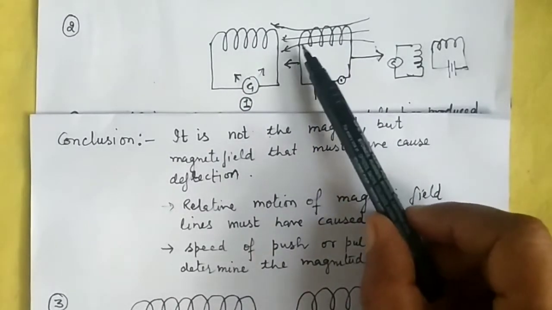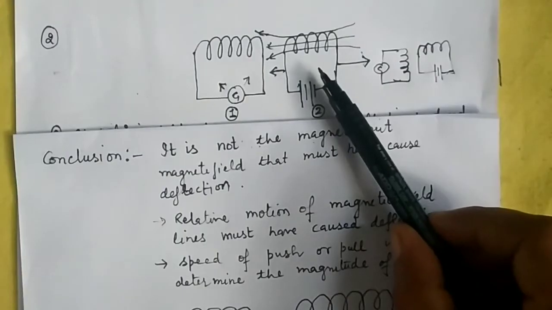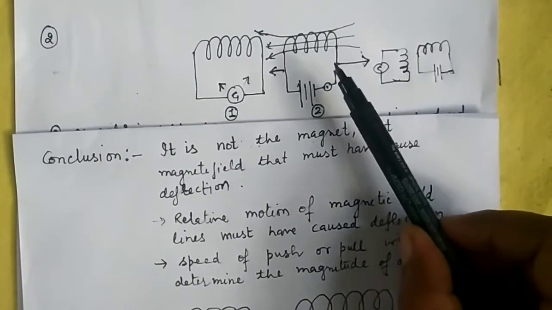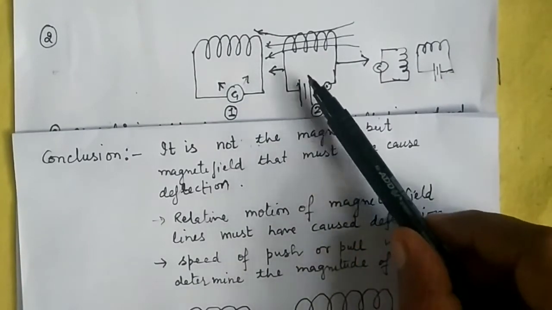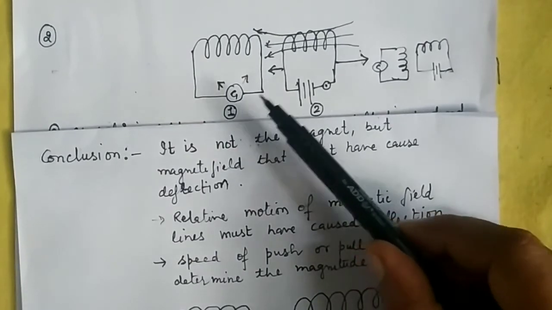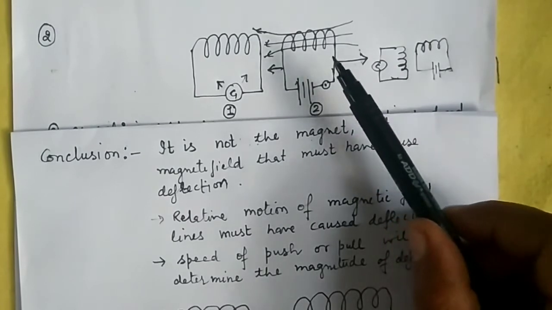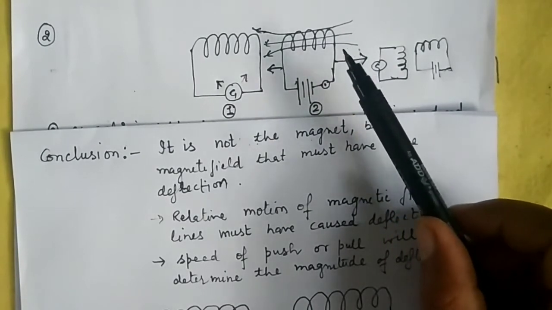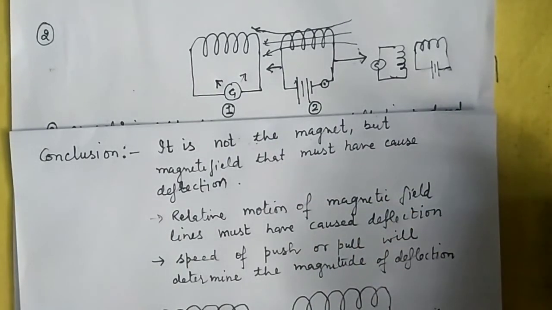So these magnetic field lines must have produced the deflection. Further, only while pushing it away or towards coil 1 does the galvanometer show a deflection. If coil 2 is held stationary, there is no deflection in the galvanometer.